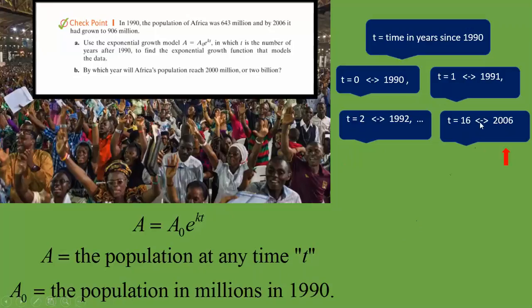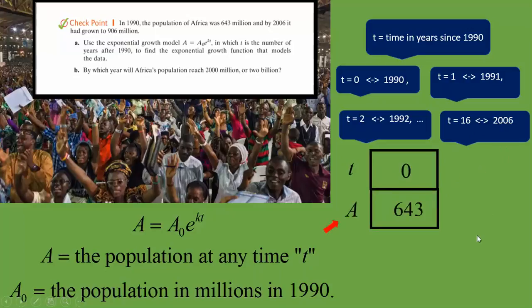You can get a value of t equals 16 by doing the following subtraction. If you take 2006 minus 1990, the difference is 16, and so that represents the appropriate t value. So t equals 16 corresponds to 2006.